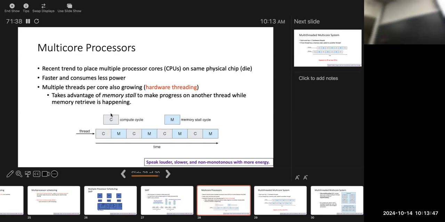What is a thread? If you remember, we said a thread is simply an execution, a sequence of instructions, right? So if you have this thread 1 and you have thread 2, and you want to execute them on the same core, you need to keep track of where the current instruction to be executed is. So each should have its own program counter pointing somewhere, let's say PC1 and PC2, pointing at some instruction.